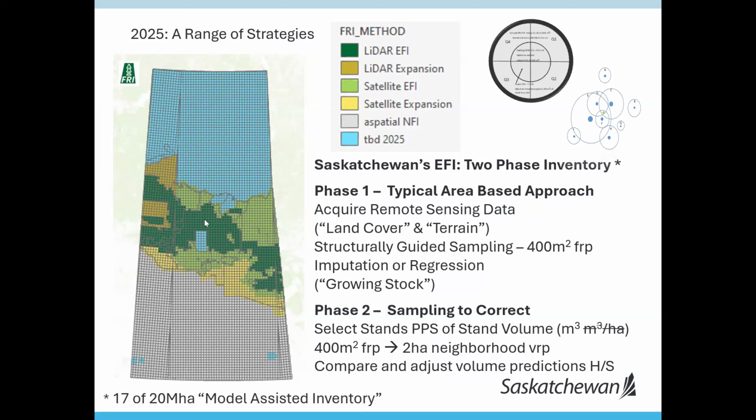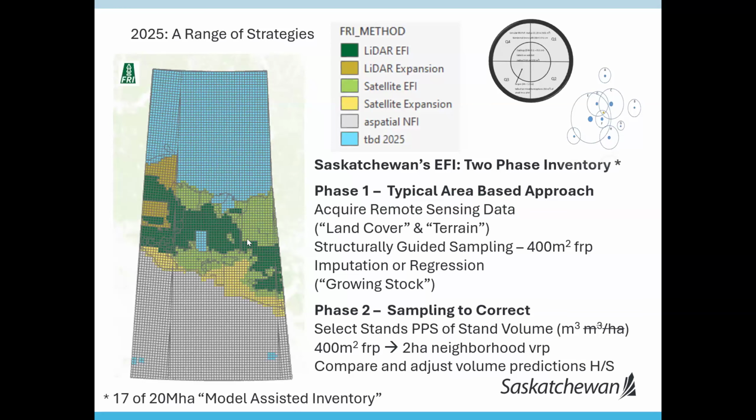And when we produce an EFI with these, we sort of brand that as the remote sensing acquisition, sort of branded as land cover and terrain. So the outputs of the Sentinel and the LiDAR data are used in the next step.